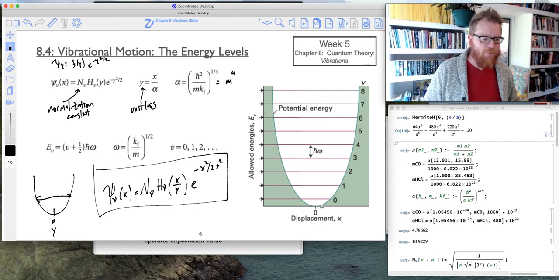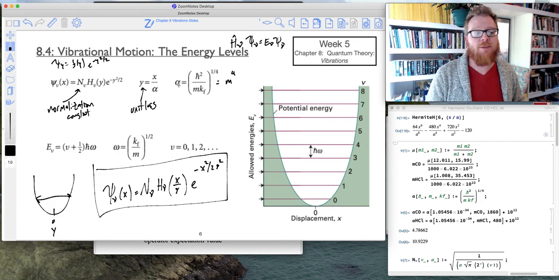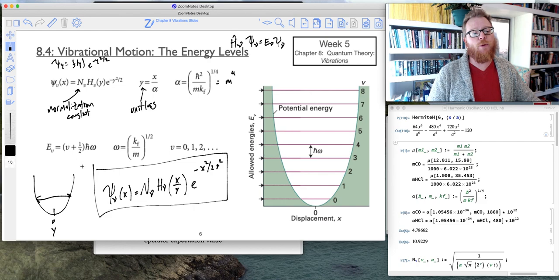The last thing that I'm going to point out in this lecture, and I'm just shortcutting, I'm not showing you that we get directly to the result for energy. But remember, we set out to solve the Schrodinger equation, the Hamiltonian as a function of quantum number nu, psi of nu, equals E of nu times psi of nu. So here is our energy solution, which goes as E equals nu plus 1/2 times h bar omega.